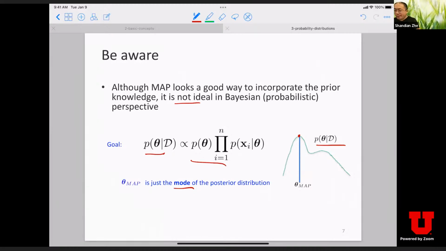As the semester goes on, you'll see that we have a lot of methods to approximate the posterior distribution. Because the posterior distribution is so hard to compute, it's rarely feasible to get its exact form, so we have to come up with different ways to approximate it.